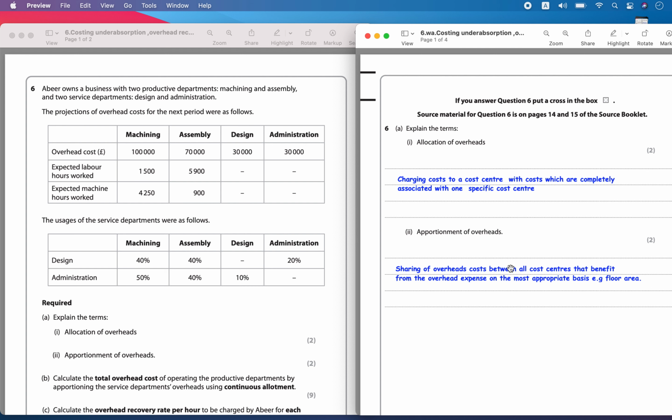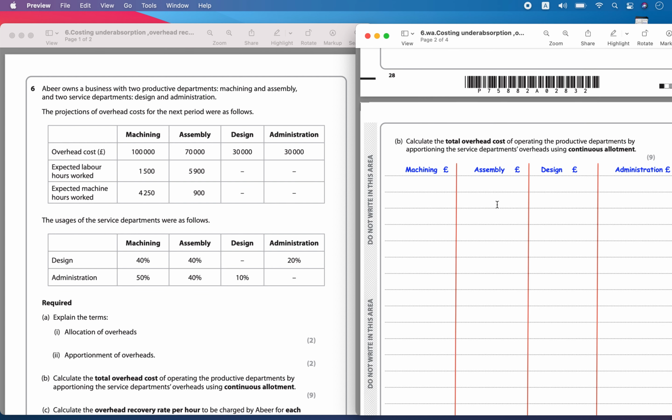If the overhead cost cannot be identified to one specific cost center, or if it is going to be used by different departments, then you will apportion it using the most appropriate basis, because all the departments are getting the benefit. For example, the basis of apportionment can be floor area.